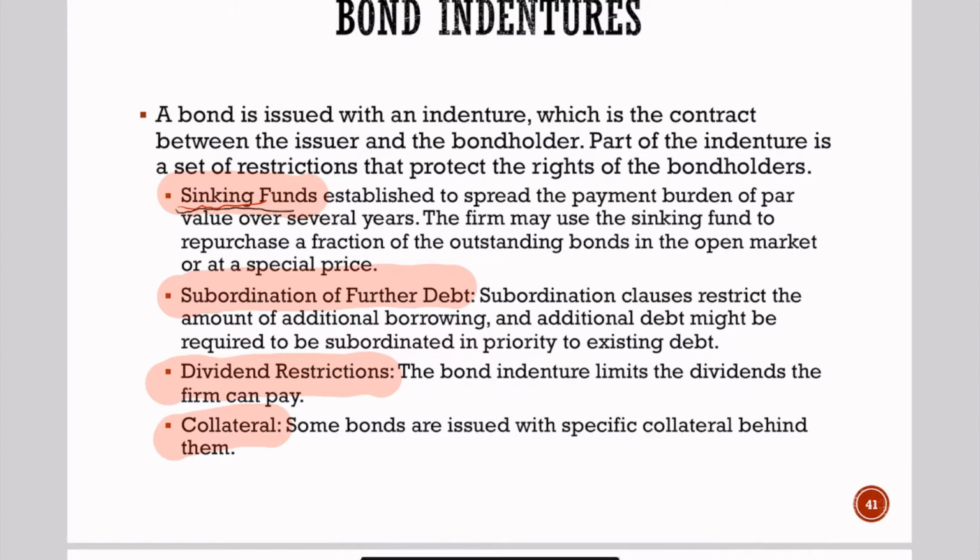This is universal, even in consumer sectors. Think about car loans. When you're buying a car, and you're borrowing from the bank to buy it, you will not get the title. The bank holds the title because your car serves as collateral.